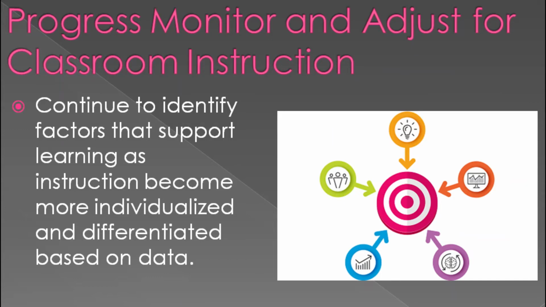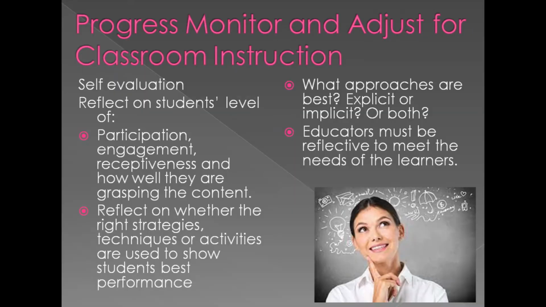And this is simply ongoing assessment that we start and end with. We also continue to identify what factors support learning as instruction becomes more individualized and differentiated based upon data.